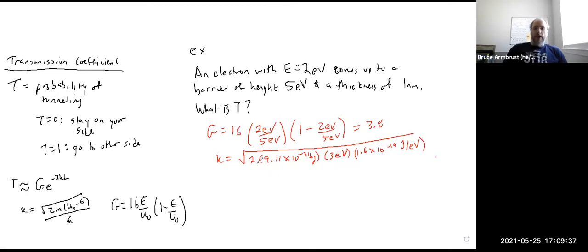Okay, so there's our 2m and the difference in our energies. And then, of course, we're going to divide that by h-bar. And h-bar is around 1.055 times 10 to the minus 34 joule seconds, not per second, joules times seconds.